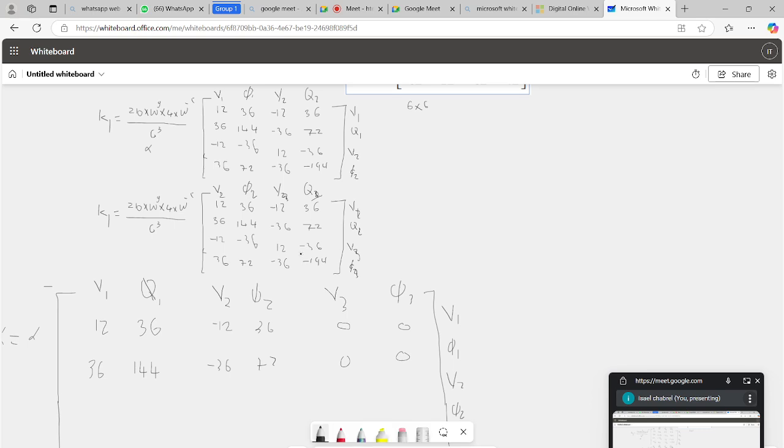When we look at V1, V2, what's the value? Do we have any V1, V2 here? No. V1, V2 is minus 12. Phi 1, V2. Do we have any phi 1, V2 here?